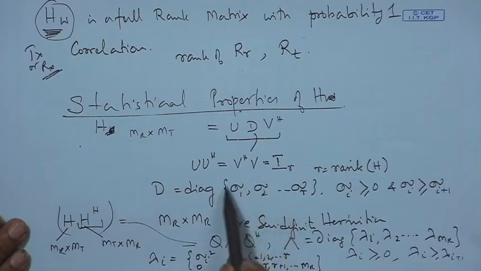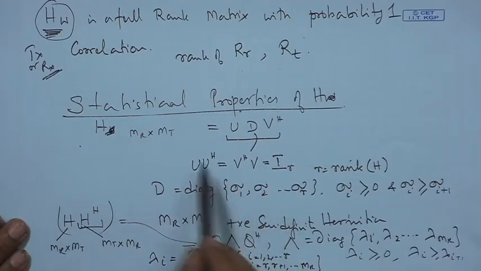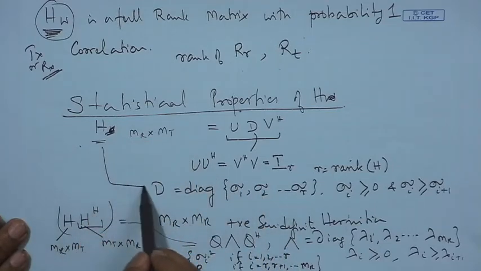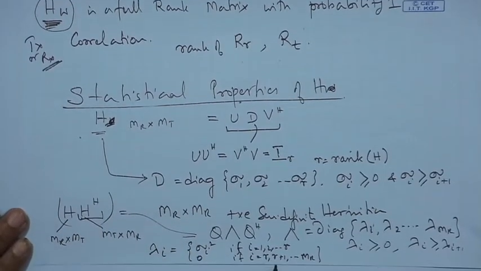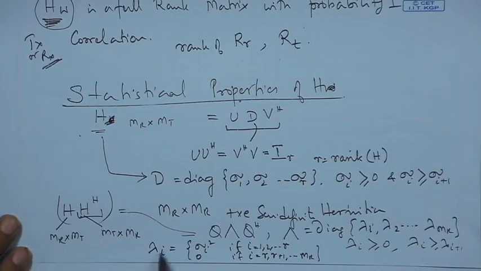So, what we have said here is that whether we look at the singular values of H, or we take HH Hermitian and arrive at its eigenvalues, they are related to each other in the form that the ith eigenvalue of HH Hermitian is equal to the square of the ith singular value of H. This is the relationship that we can use in all the expressions that we will encounter in future.